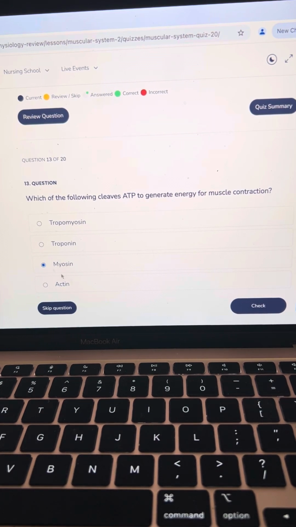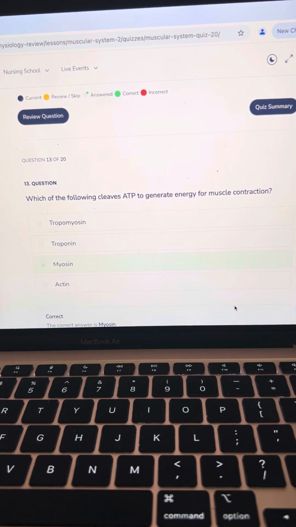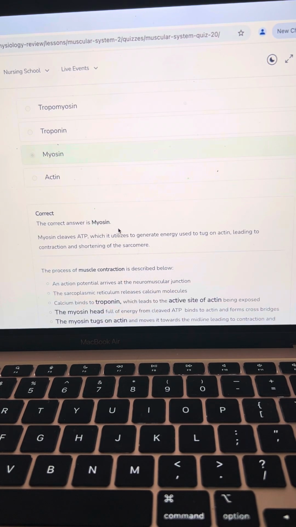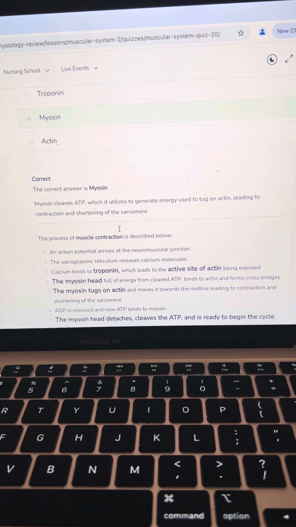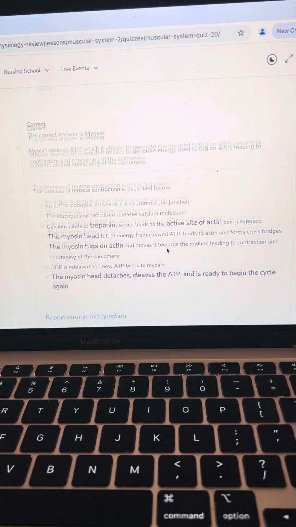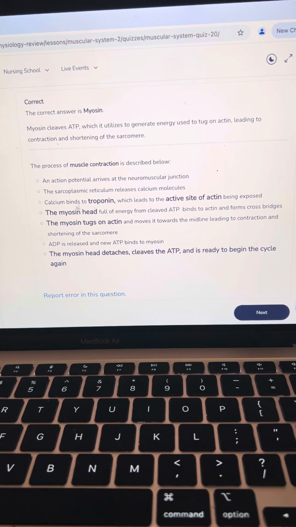Myosin. I gotta really get that one in my head. There we go. This one threw me off. Now this one's gonna tell you the process of the muscle contraction, so it's a good time to pause here, so that you can have this, because you may get this question on your HESI A2, all right?